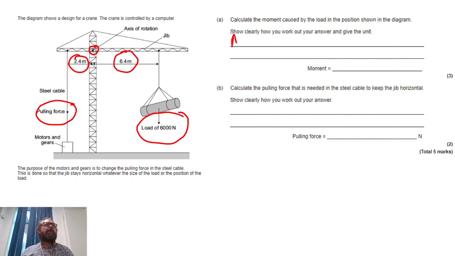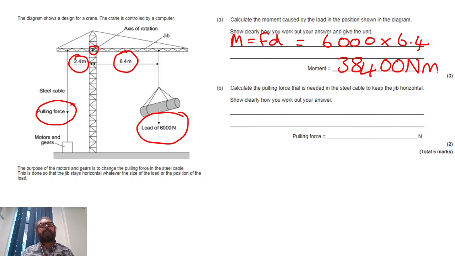So we know that the moment is the force or the load times the distance. We've got the correct units, 6,000 times 6.4. Get on your calculator. And that gives me a moment of 38,400 Newton meters.